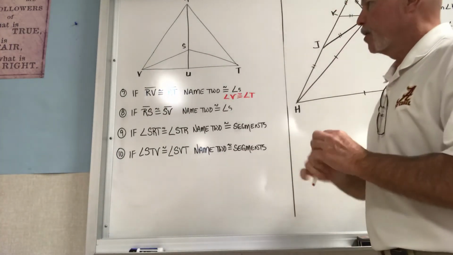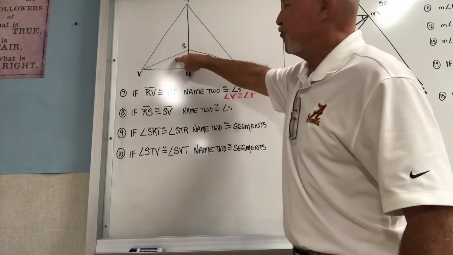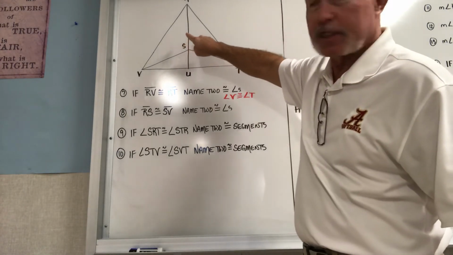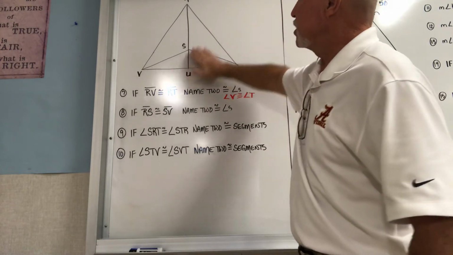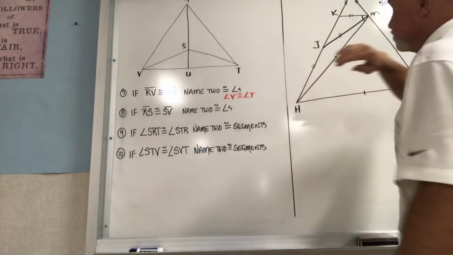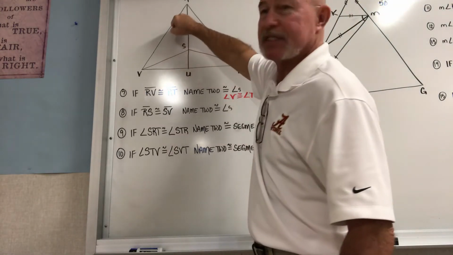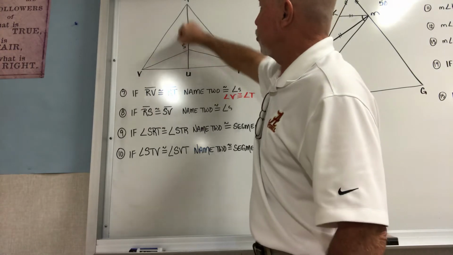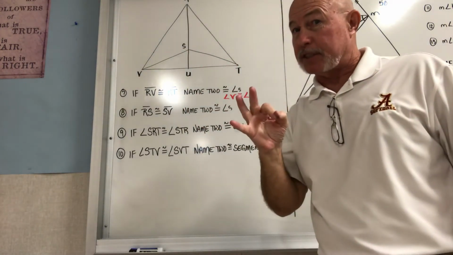Okay? Next. RS and SV are equal. Clearly not drawn to scale. If this is equal to this doesn't matter. So opposite SV is this angle. Opposite RS is this angle. Yes, we have to name them with the three letters this time.